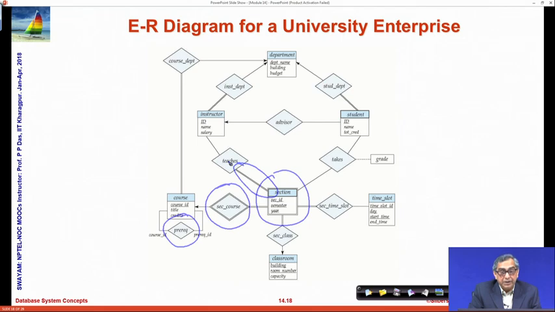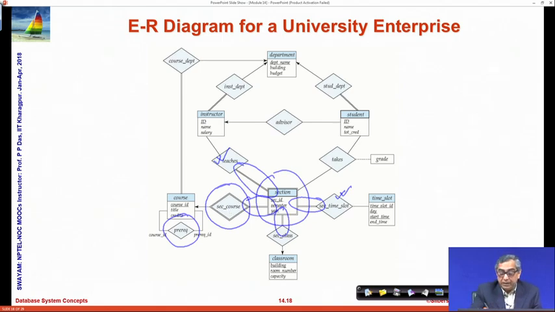Because every section must have at least one teacher. There cannot be a section which does not feature in the teachers relationship. Similarly, every section must get a time slot where the classes for that section are held, so every section must feature in the sec time slot. Similarly, it must get a classroom. So, these are all different total involvements, total roles, that we can see.